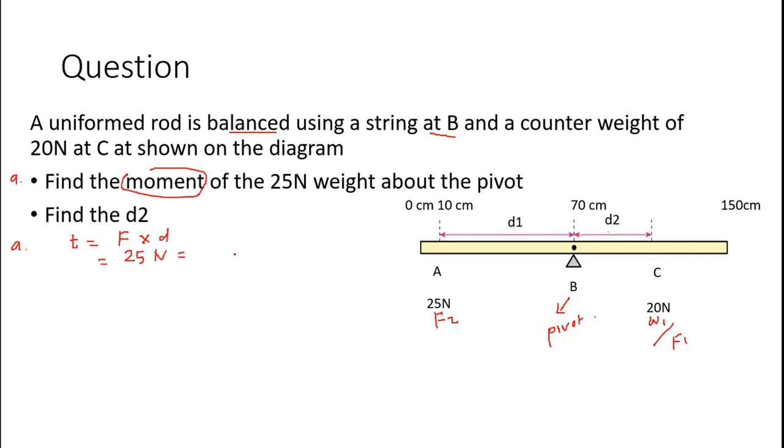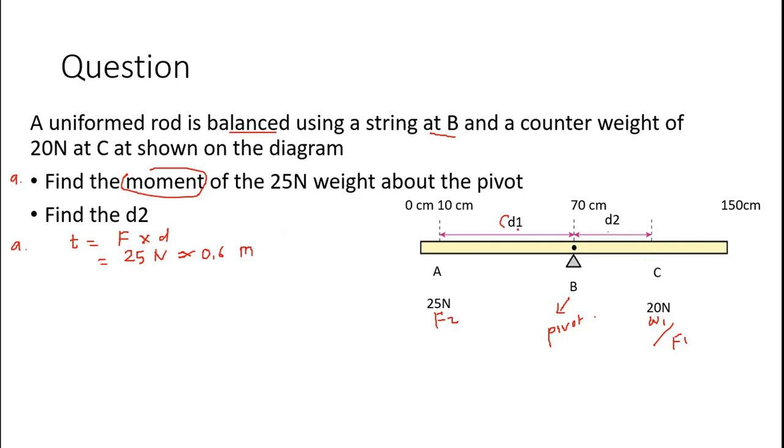What is D? 0.6. Okay, 0.6. Good job. What is the unit for perpendicular distance? Meter. Yes, meter. How to find 0.6 meter?